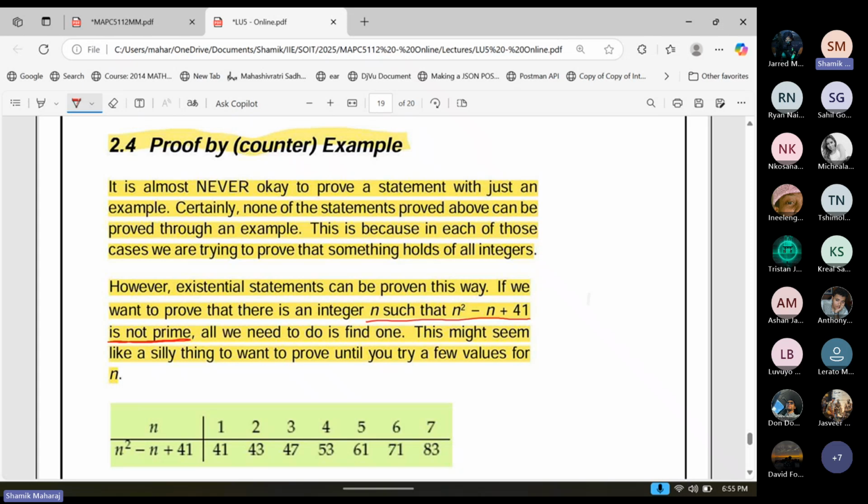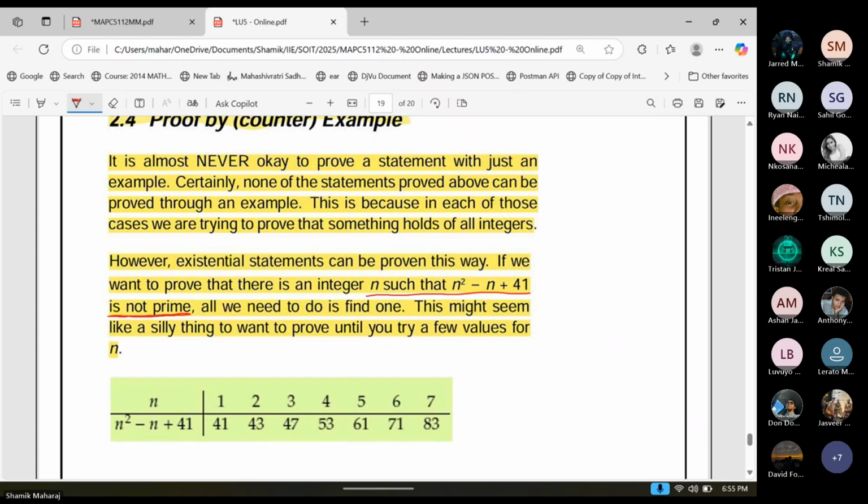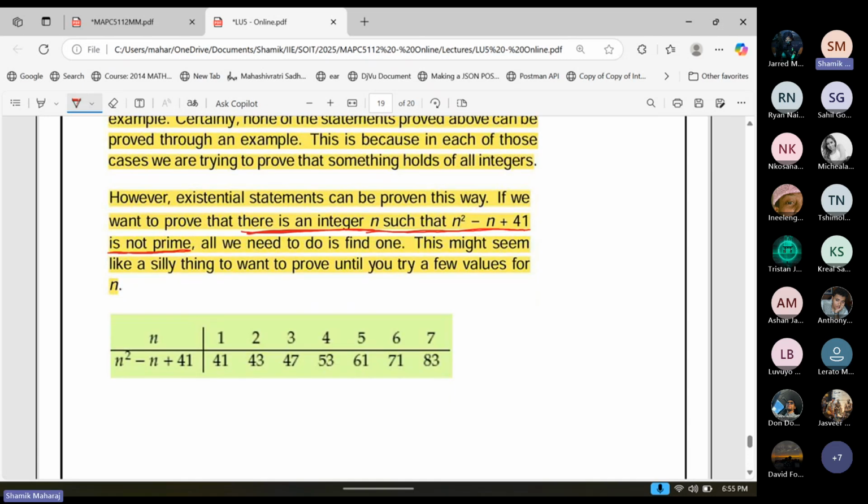So again, this is proof by counterexample, right? There is an integer n such that that is not a prime number.